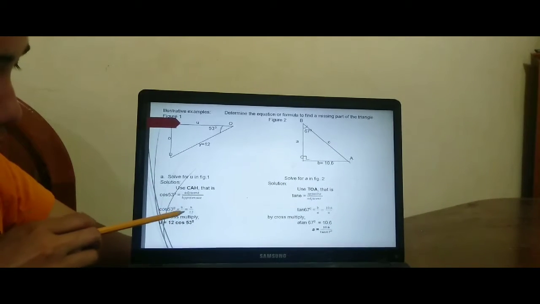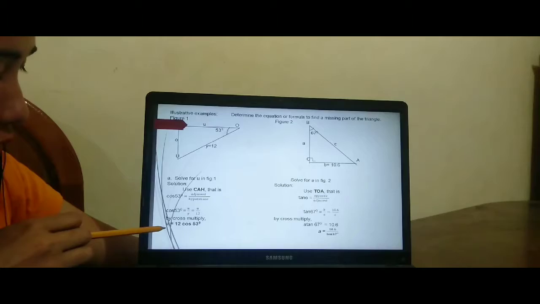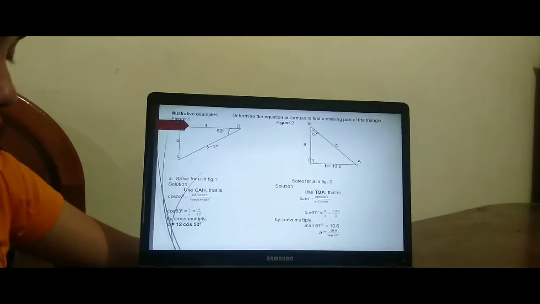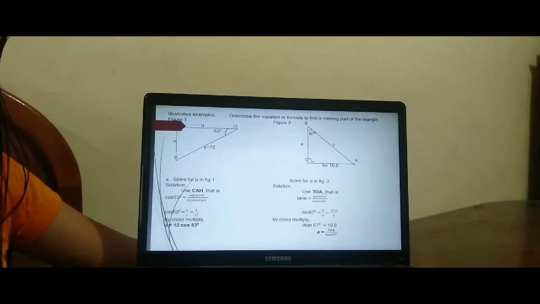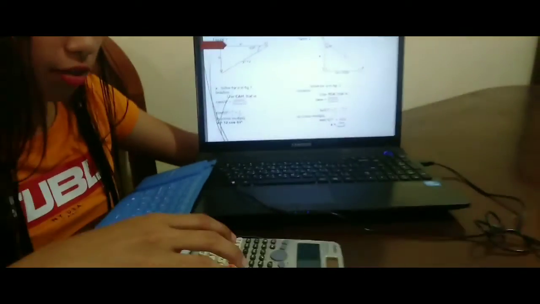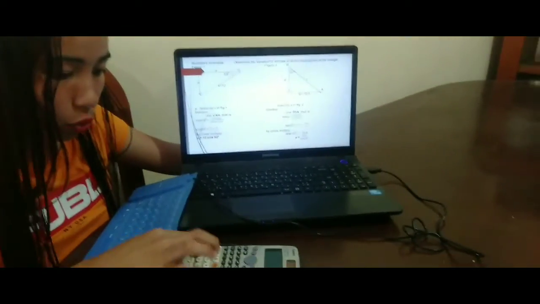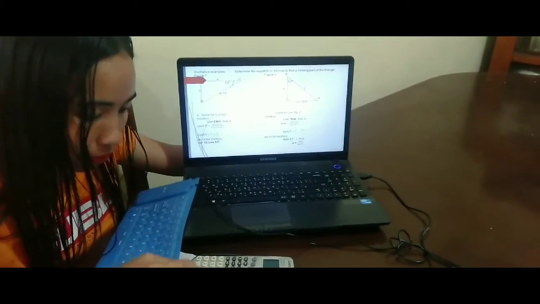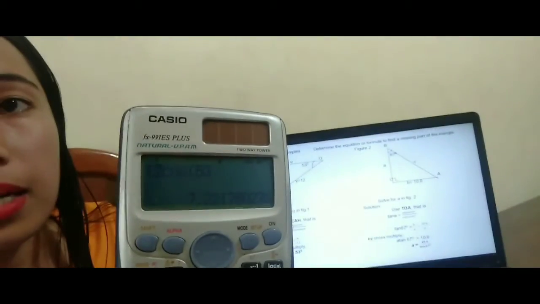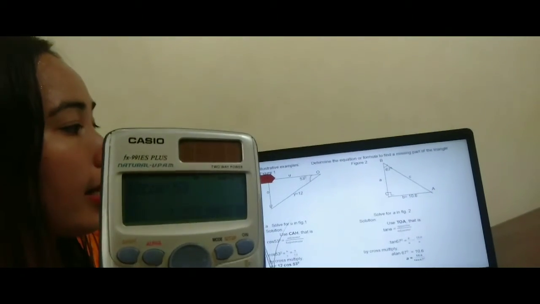So mahimo siyang U is equal to 12 cosine of 53. So you have to input that in your scientific calculator. That is 12 cosine of 53. So the approximate value of U is 7 point something. So mao na ang measure ni side U.